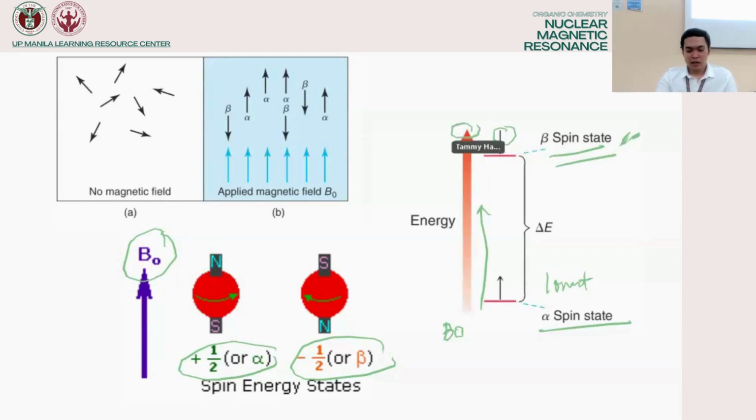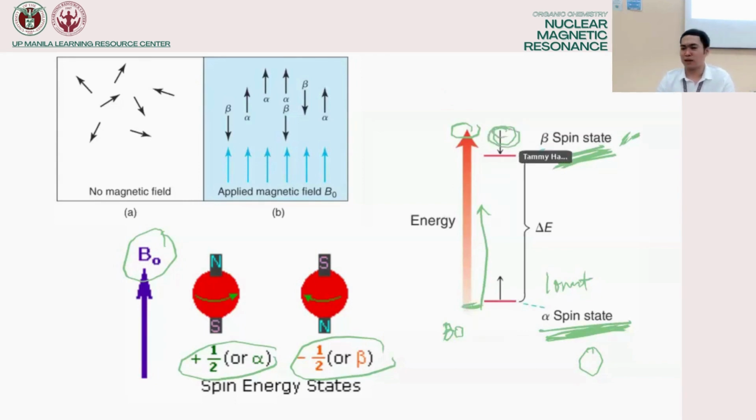So if we want your alpha spin state to be in the beta spin state, what do we do to the alpha spin state nucleus? What do we add? Based on this, what was added to the beta spin state?